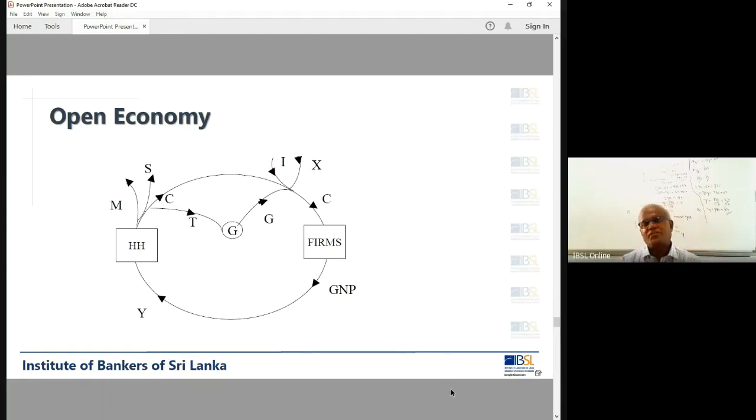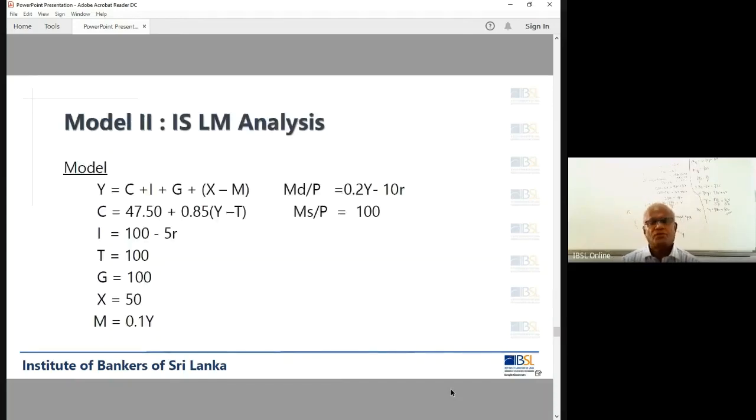C represents the domestically produced goods and services, and M represents the imported goods and services, imports. In a formula, Y equals C plus I plus G plus X minus M. X minus M is called net exports.